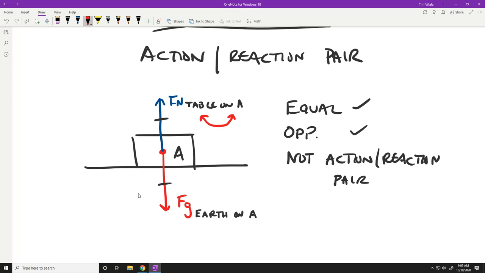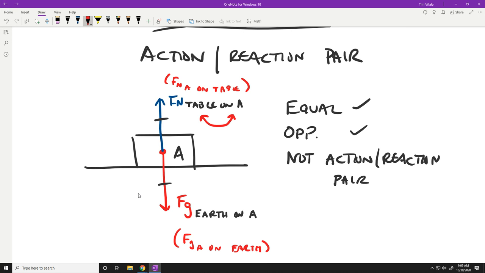So the reaction force to the normal force would be the normal force of A on the table. And the reaction force to gravity would be the force of gravity of A on the Earth.